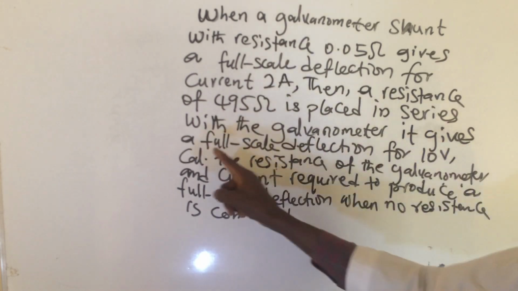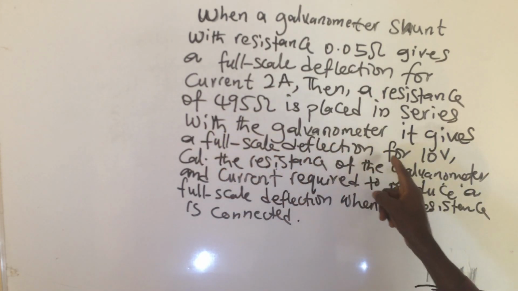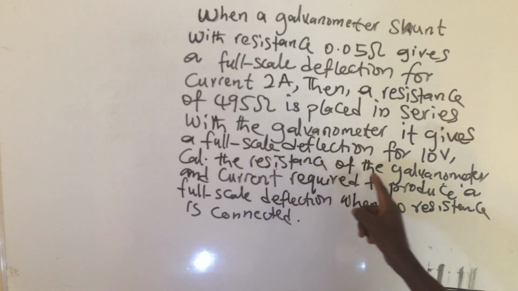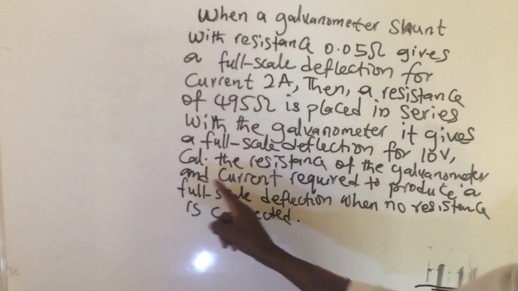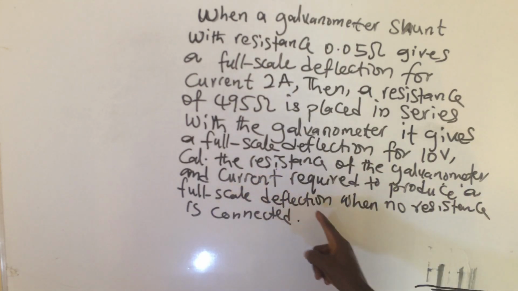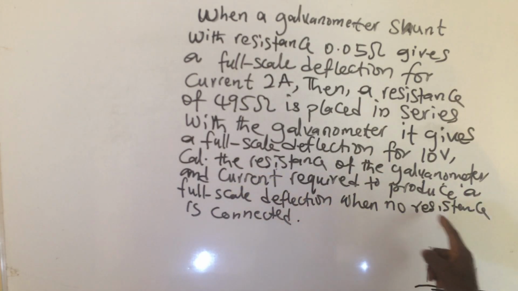It gives a full-scale deflection for 10 volts. Calculate the resistance of the galvanometer and the current required to produce a full-scale deflection when no resistance is connected.